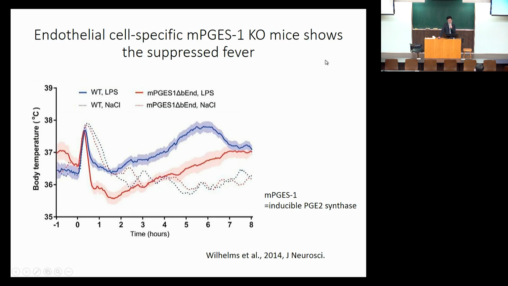It means these mice don't produce PGE2 in endothelial cells. So in these mice, when we injected LPS, the fever like in wild type doesn't come out. It means MPGS1 in endothelial cells works for this fever.